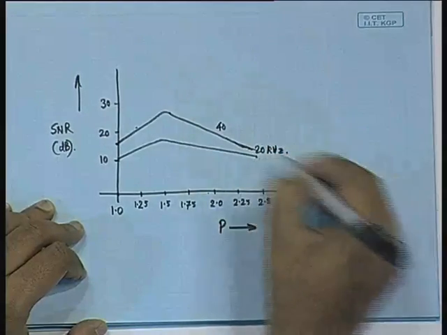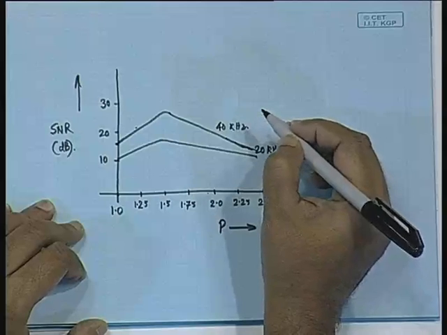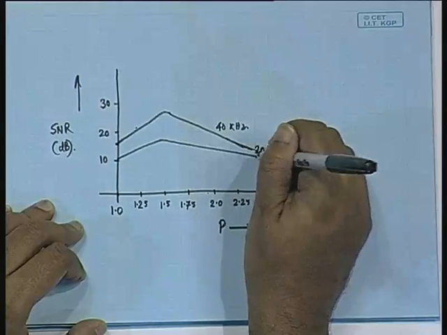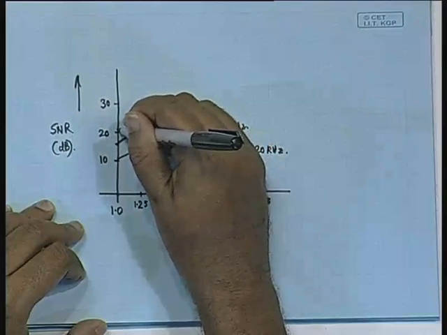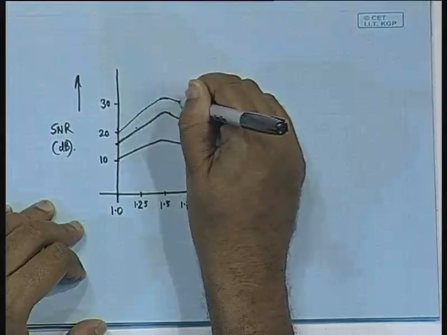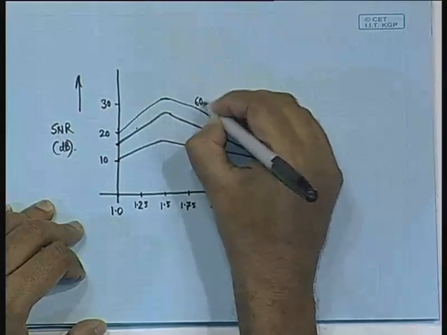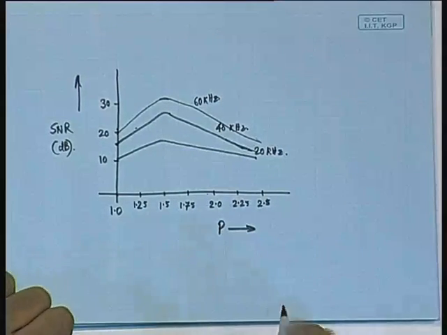Maybe after that it will proceed like this, and then if we make the sampling rate 3 times the original, we will get this curve for a sampling rate of 60 kilohertz.